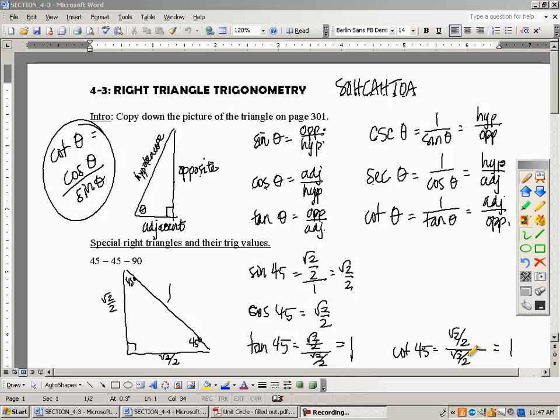Let's look at cosecant. Let me go back up to the cosecant of 45. I'm going to start with the original, and it's the reciprocal of the sine. So the reciprocal is 2 over the square root of 2. And we know mathematically we don't leave a square root in the denominator. So we're going to rationalize our denominator, get 2 square root of 2 all over 2, which then gives us the square root of 2.